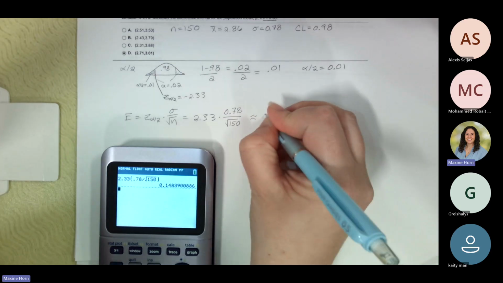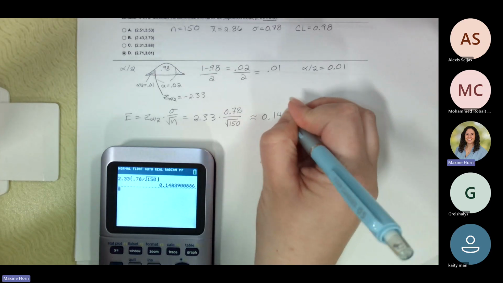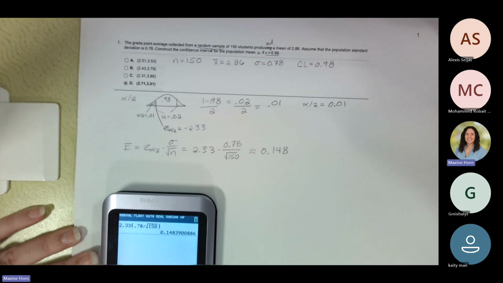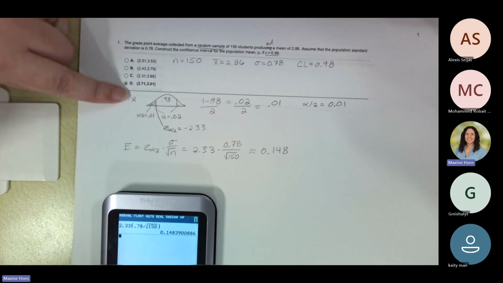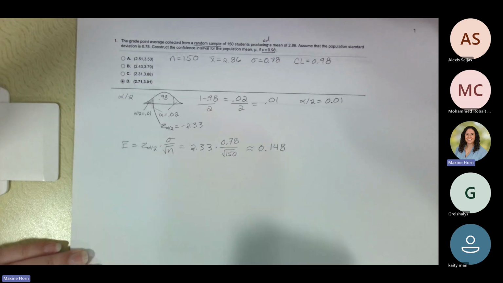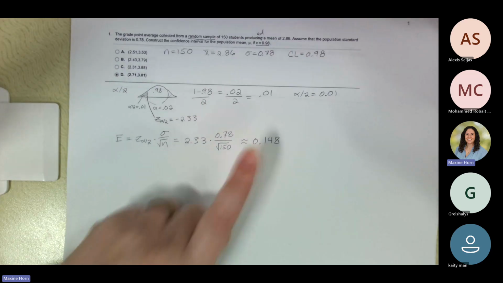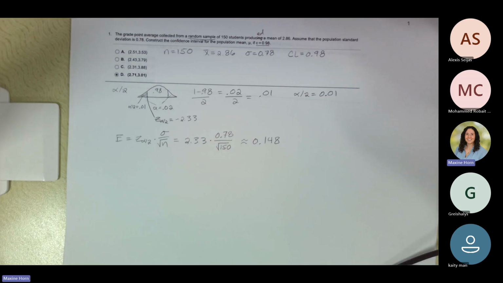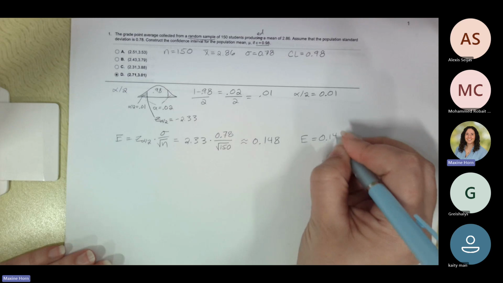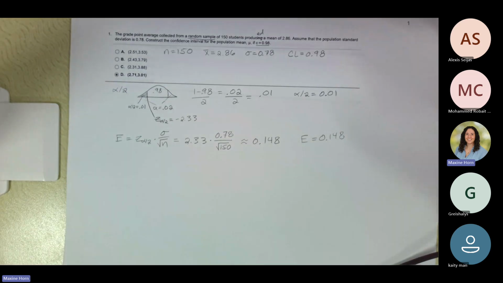So I'm going to go to like 3 decimals here, and then we'll round our final answer to 2, because you can see in the answers that we have here that they've gone to 2. So we'll go to 2 decimals in our final answer, but for right now, I'm going to go to 3. All right, so we calculated our margin of error, right? That's our margin of error is 0.148.